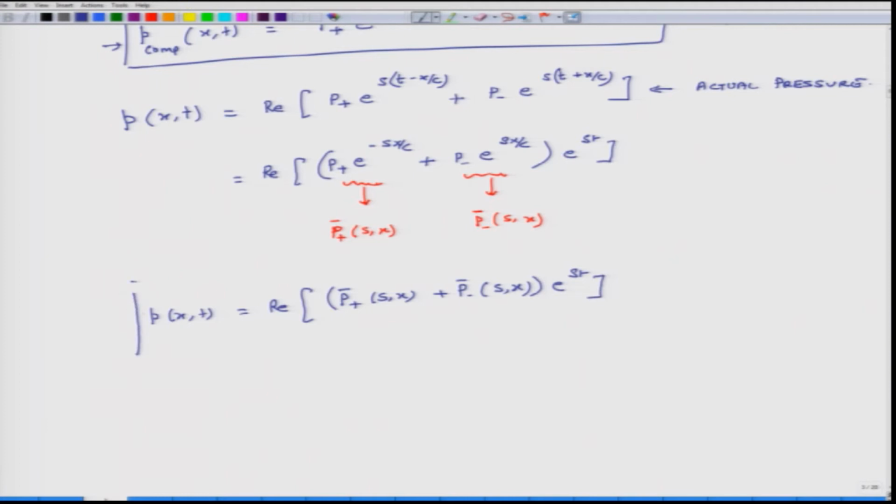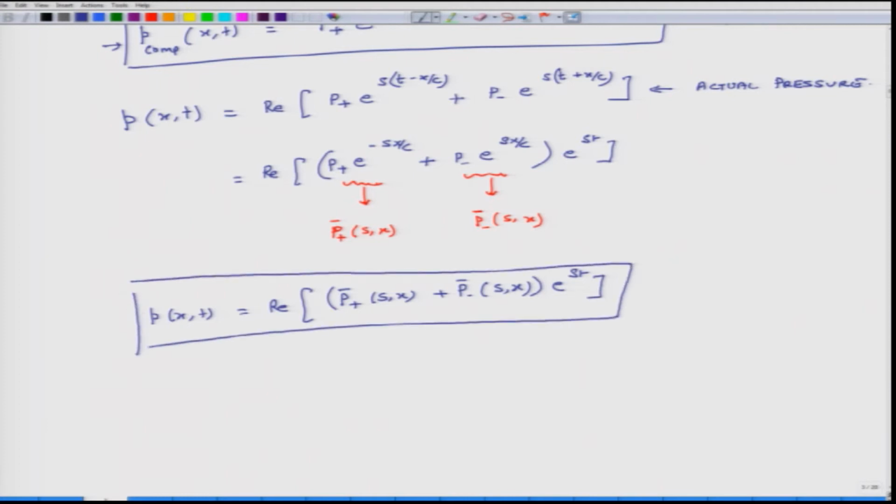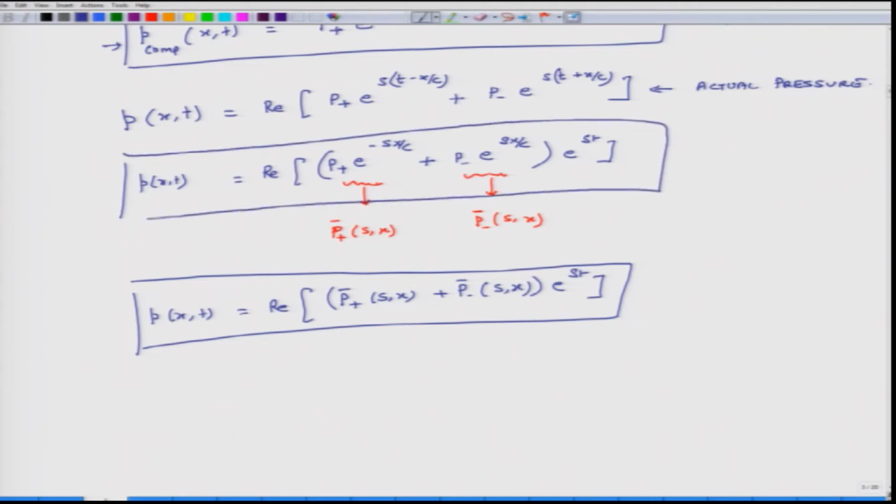So, I can look at these two equations, they are mathematically equivalent. These are known as transmission line equations. Either I can take the first one or I can take the second one, it does not matter.